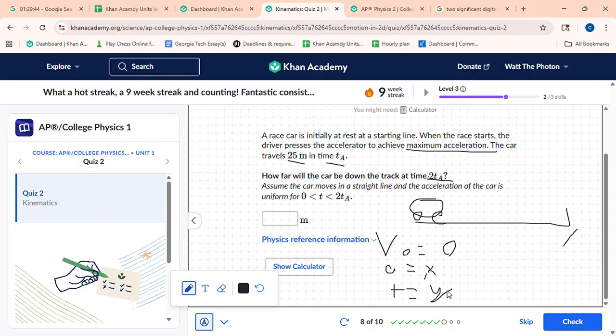Where the change, delta X, is equal to 25. So how far? We're going to have 25 plus a formula, equals our answer. First we have to find the change in distance and time.